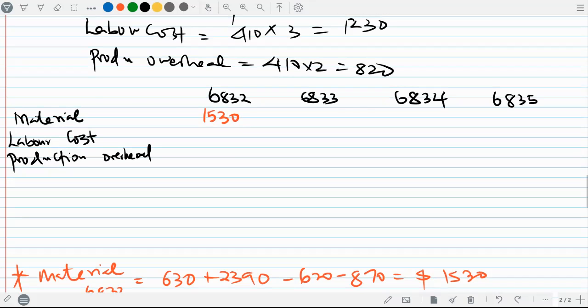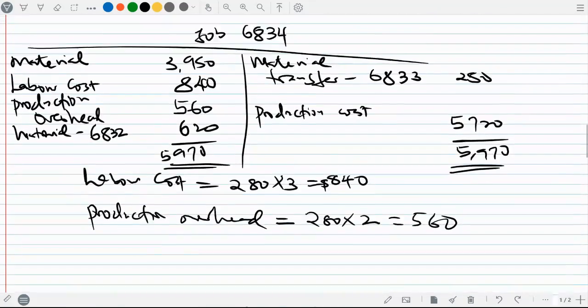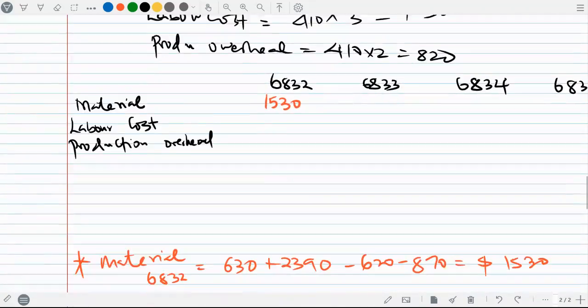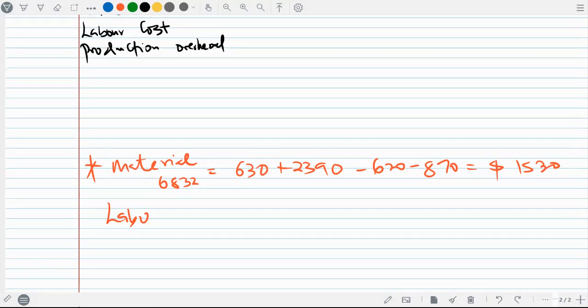Okay, labor cost. The labor cost will be for the same job. If you do this, then you do the same for the other jobs.